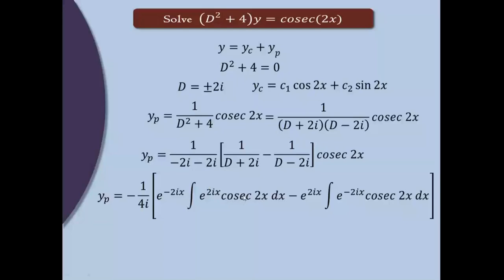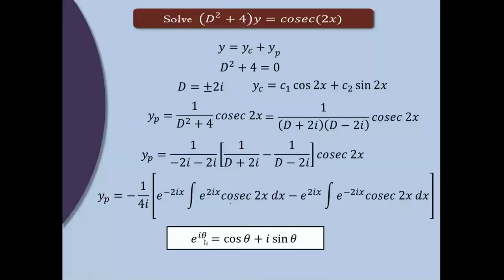And we have already learned one formula, that is Euler's formula. e raised to i theta is cos theta plus i sin theta. This is the expansion of the exponential function in terms of trigonometric terms. So we can make use of this to simplify it.